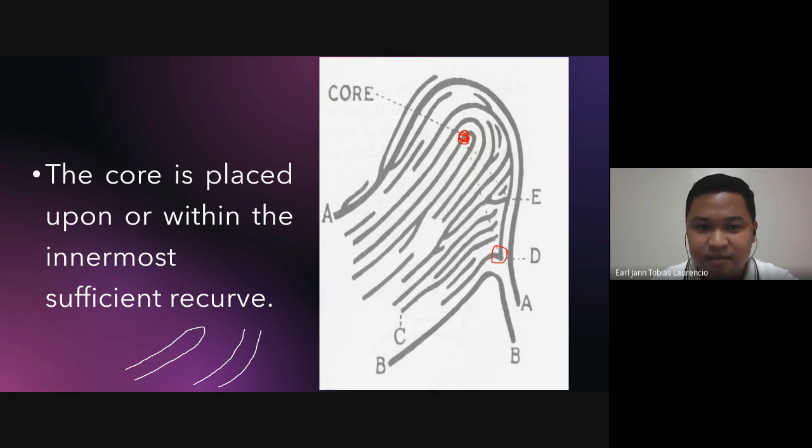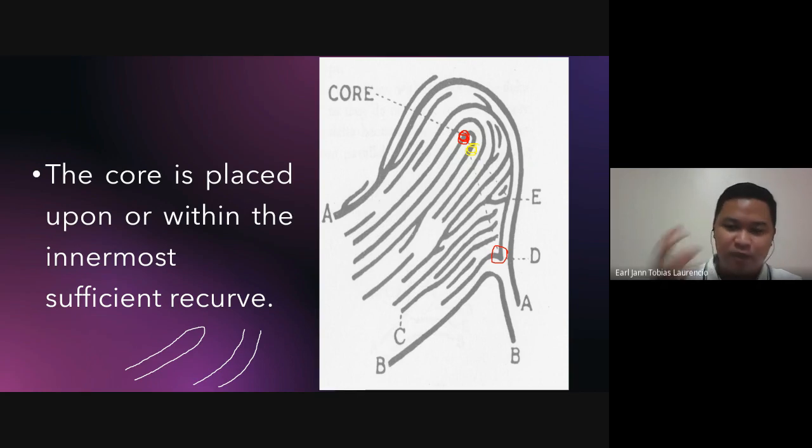The other leg, I will change the color of my pen. The other leg, this one, should not be selected as the core of the pattern. Why? Because it is near the delta.